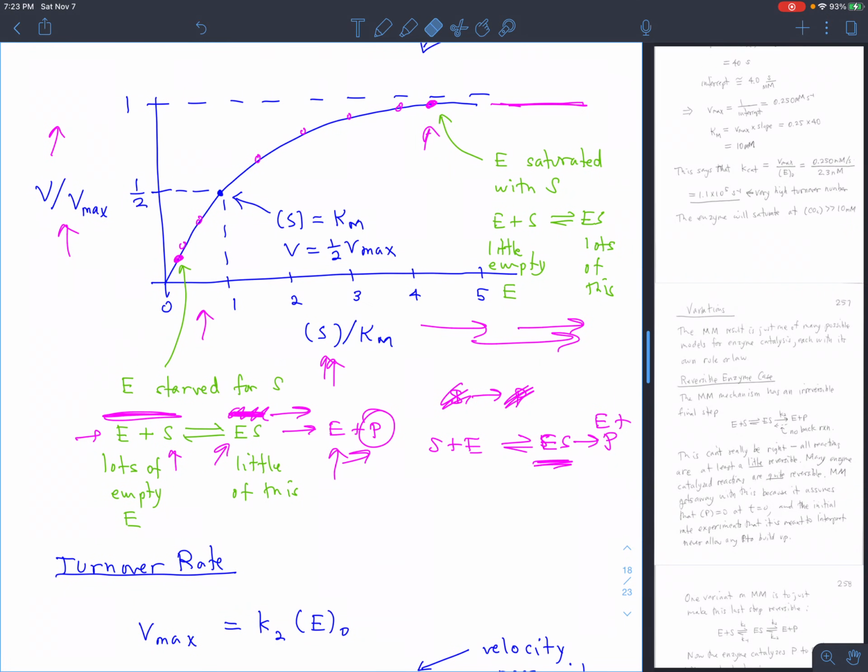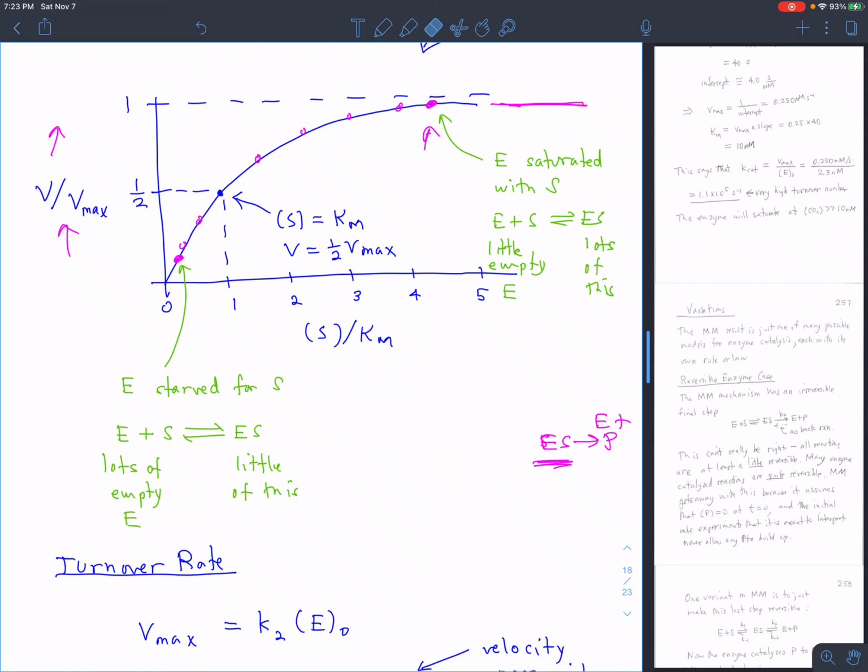Also, what's the range of substrate concentrations where the enzyme starts to turn on and starts to approach that maximum? Well, it's Km. Km, remember, has units of molar, it has units of concentration.